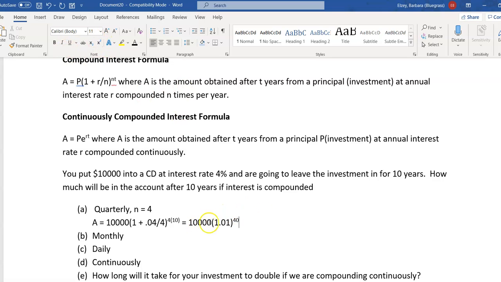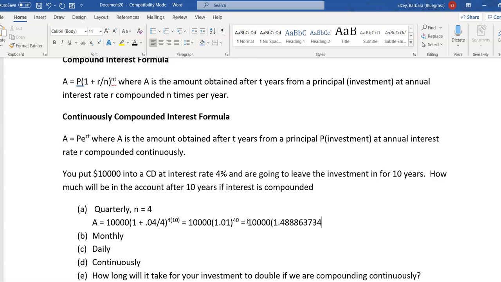You do not want to multiply that 10,000 times that 1.01. Order of operations is to do the exponent first. So let's take 1.01, raise it to the 40th power, and I will get 1.488863734.